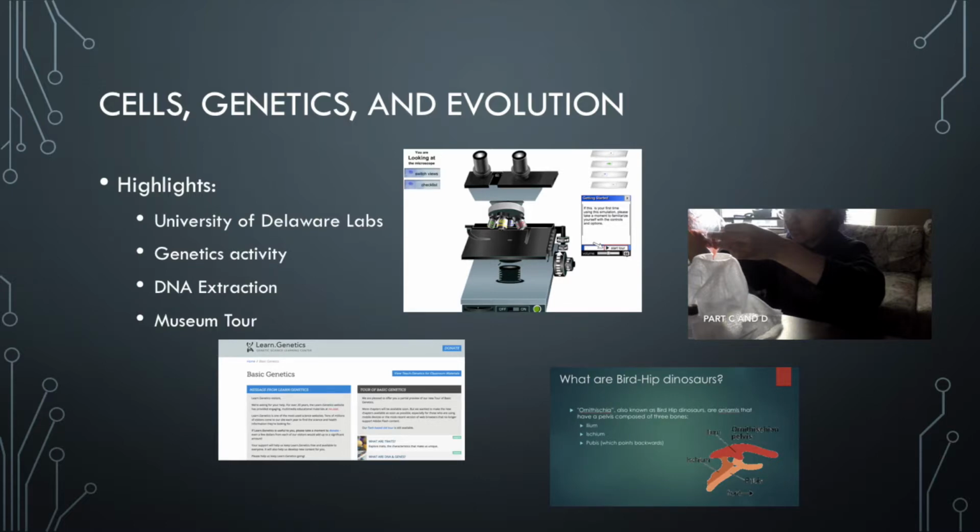And that evolution is represented through the genetics, and those genetics are created through the cellular changes. So everything really built on top of one another very nicely in this unit.